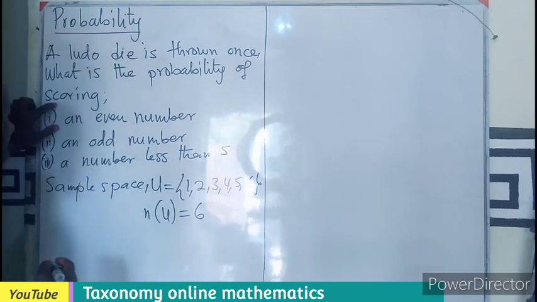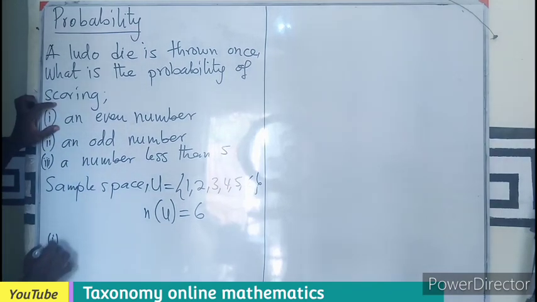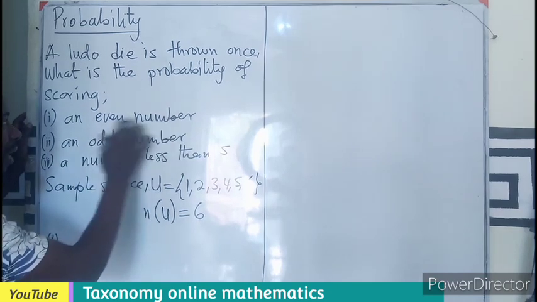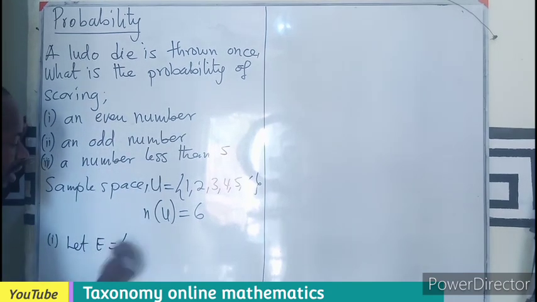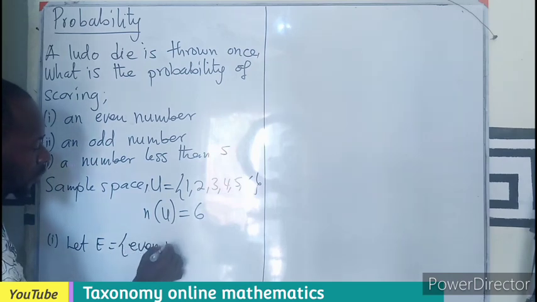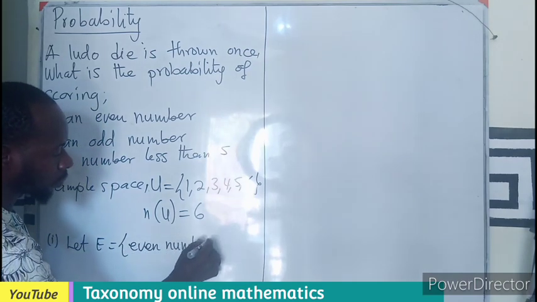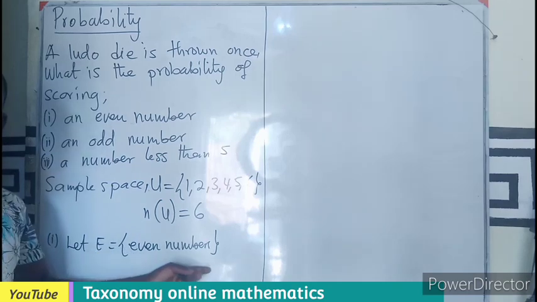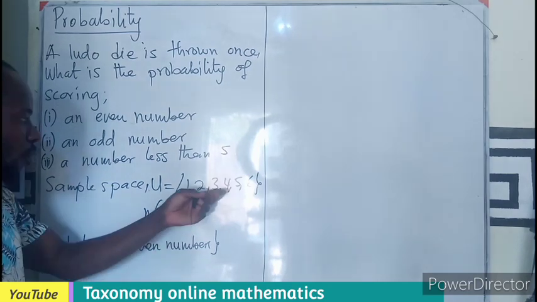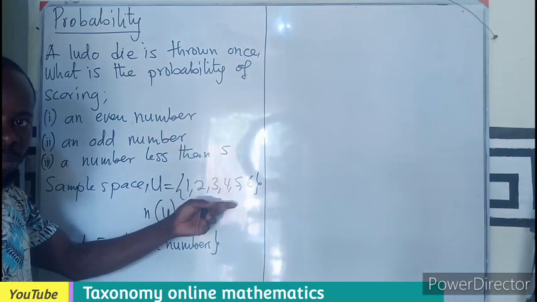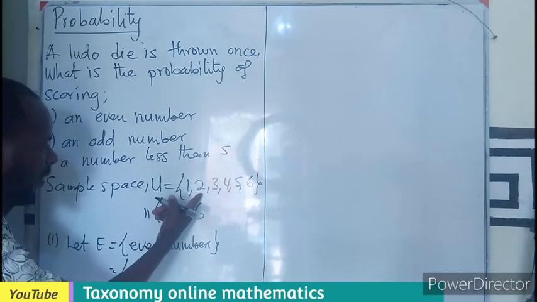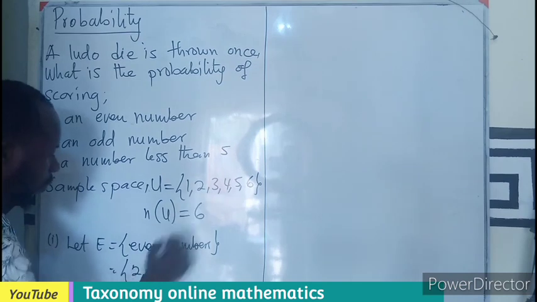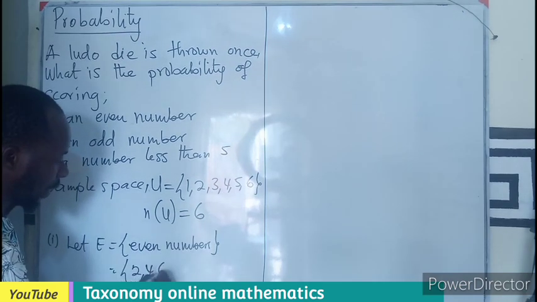So if I am going to take the first one, I can let any letter represent even numbers. So let E represent the set of even numbers from the die, the sample space that we have. So this is going to be a set of even numbers, could be 2, 4, 6.